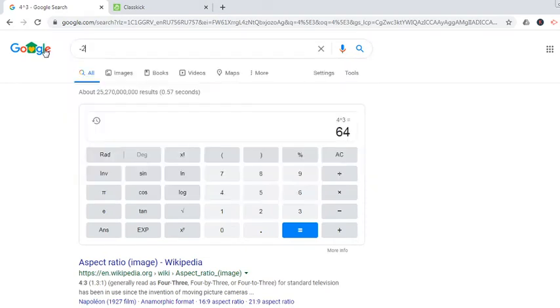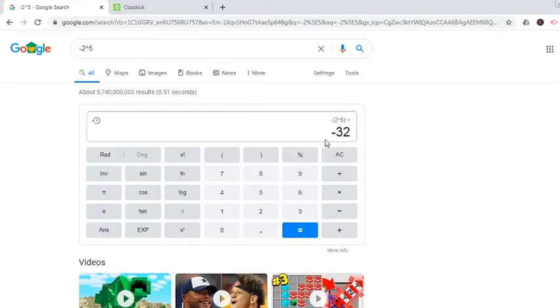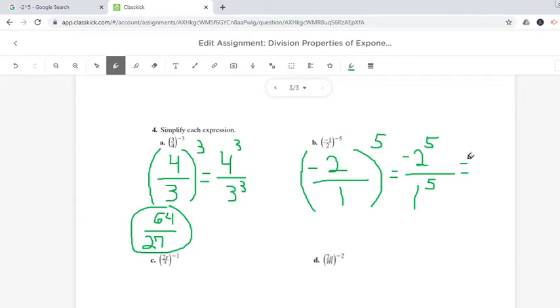Negative 2 to the fifth, negative 32. 1 to the fifth is 1. That's 1 times 1 times 1 times 1 times 1. 1. Okay, so negative 32 over 1 is negative 32. All right.